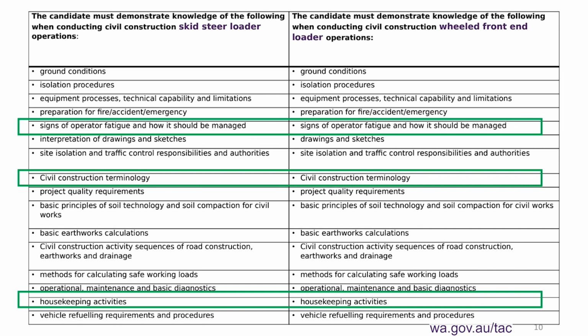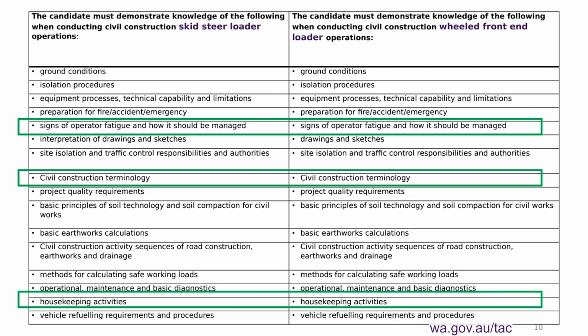However, things like isolation procedures in a machine might be different in different machines. So even though it looks like they are identical, you would need to do a bit more investigation to find out if in fact those things are common and they could be grouped together.